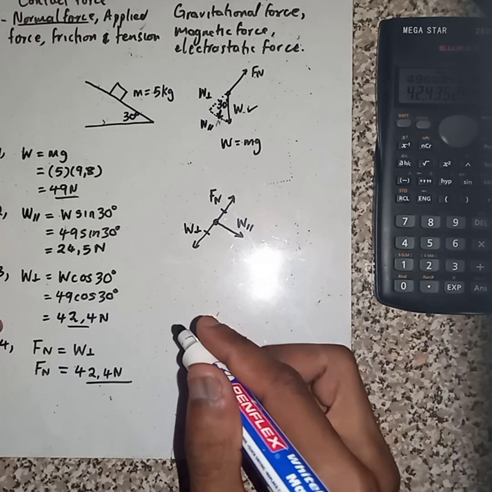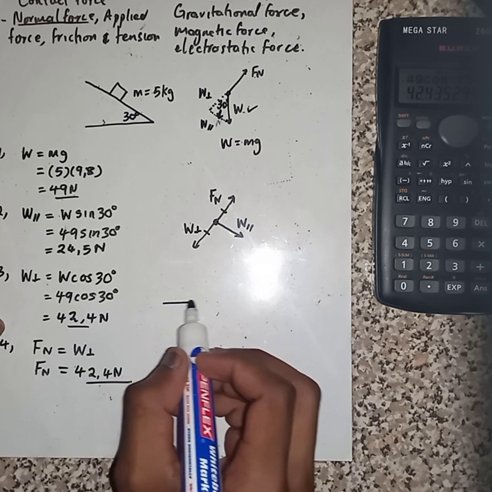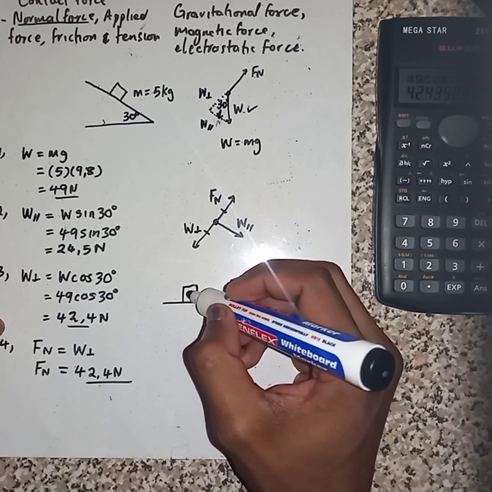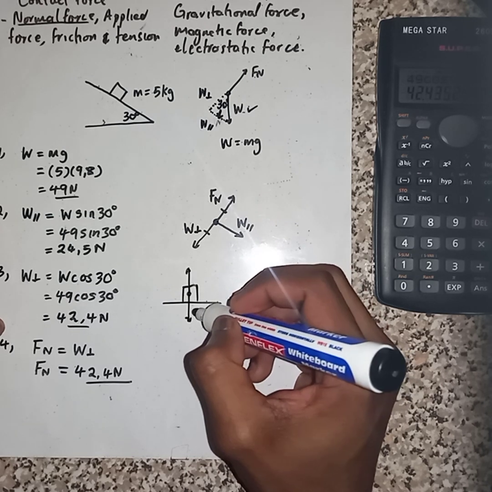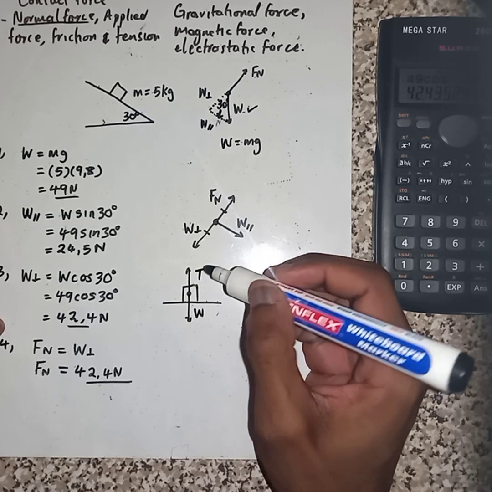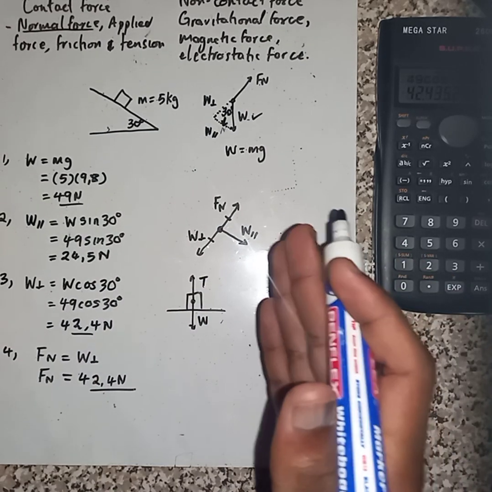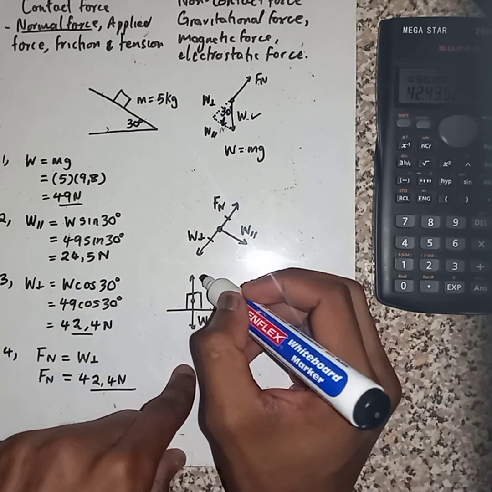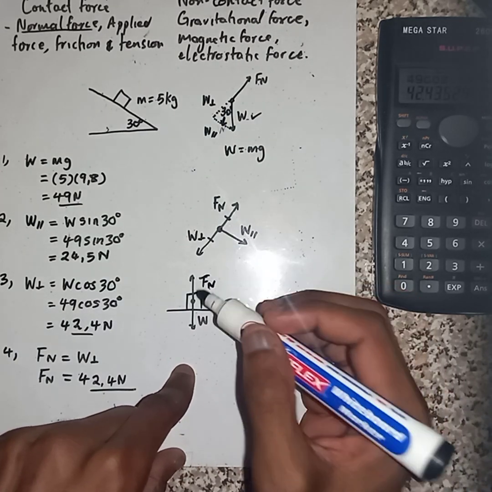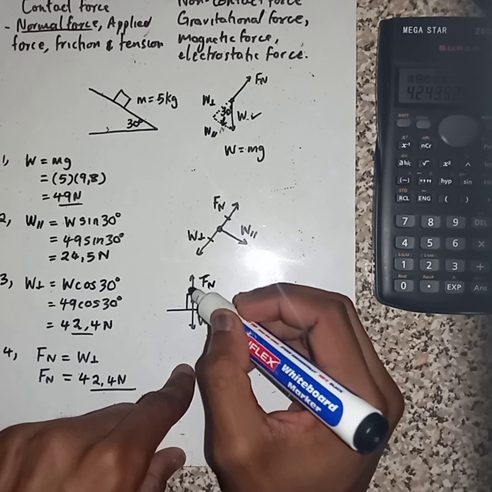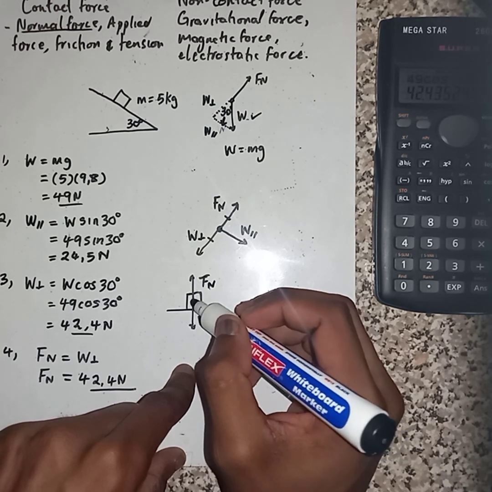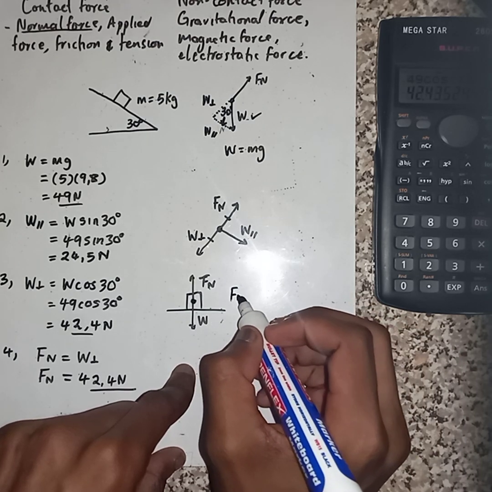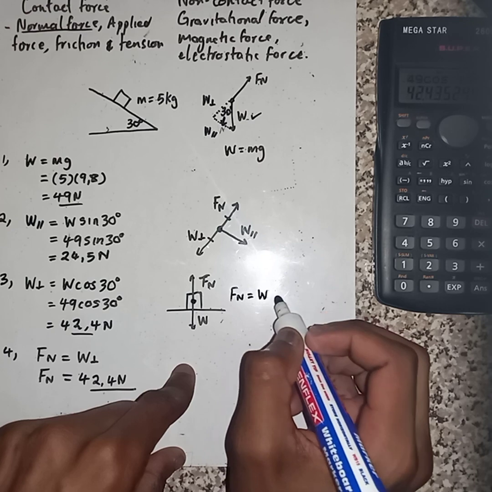It's like last time when we were dealing with the flat surface. We found that for weight on a vertical scale, if we consider these two forces acting on this block, they are always going to be equal.